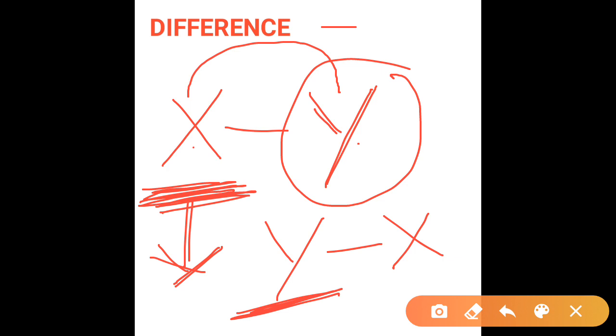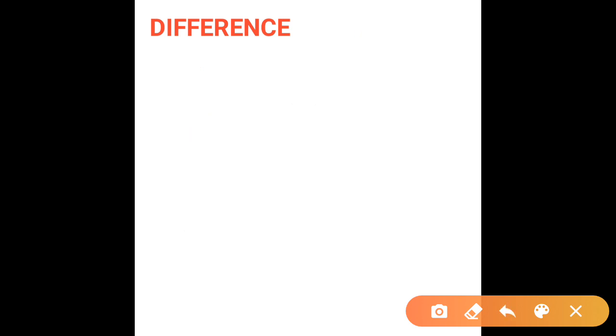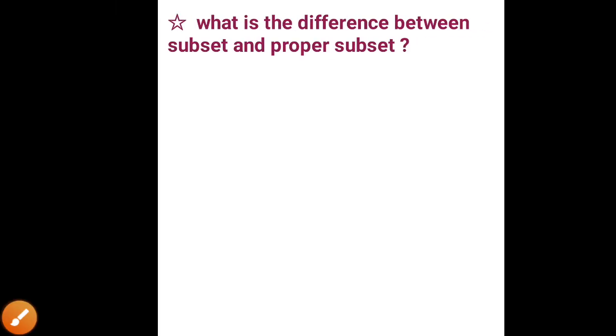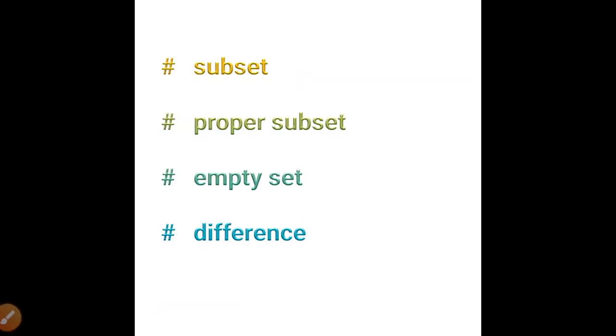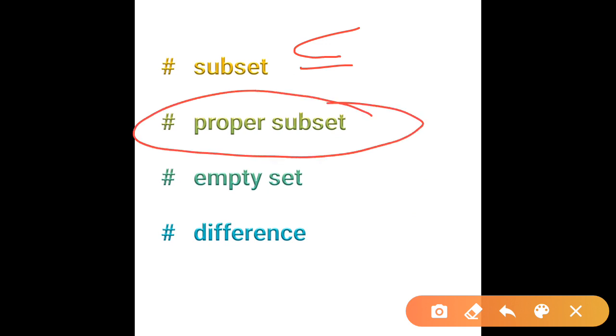So this is what we are seeing till now. We have seen subset and proper subset, empty set and difference. Subset looks like the symbol, actually proper subset is not needed for 10th standard.